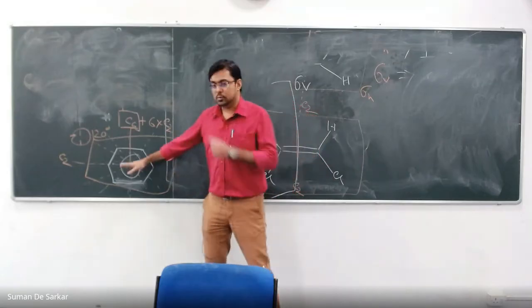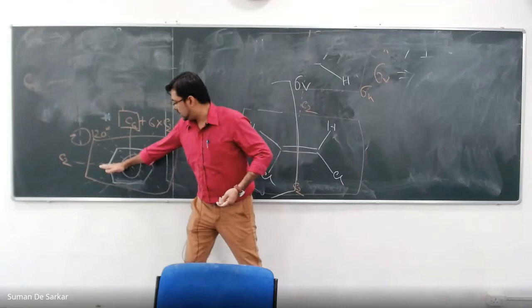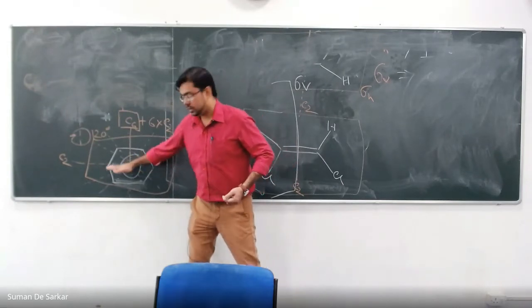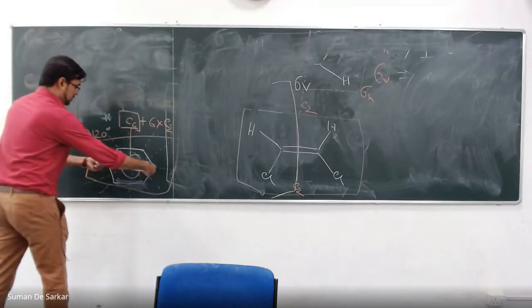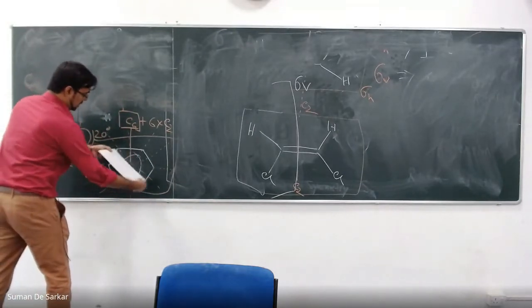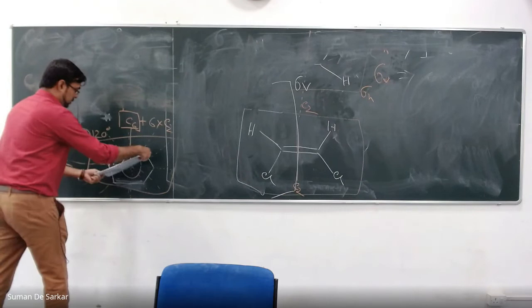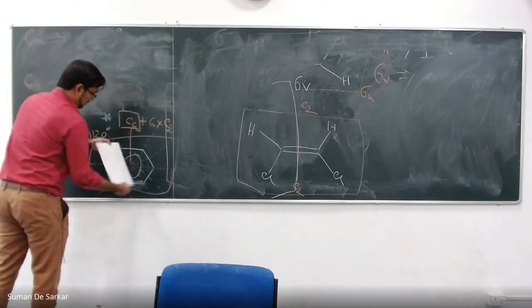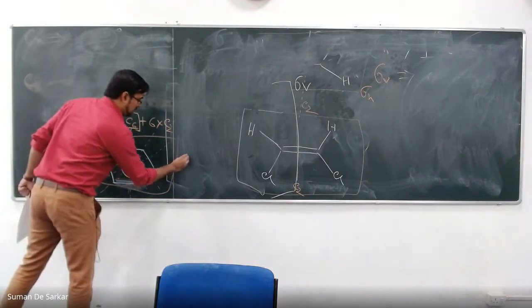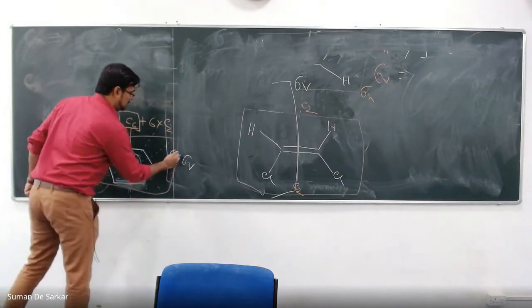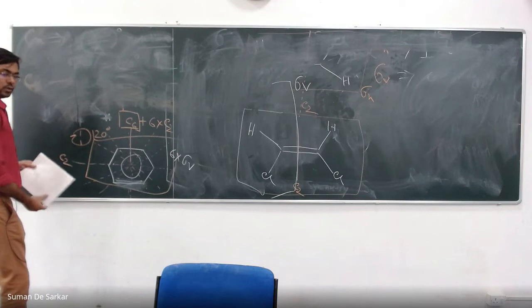There are 6 C2s, and these planes of symmetry go like this. One is here, one is here, one is here, and in between the bonds also, one here, one here. So there are 6 sigma V's also, which I have already mentioned.